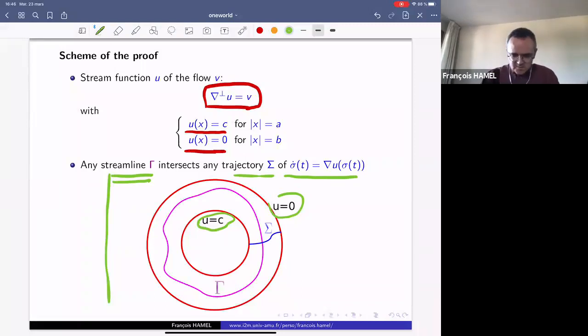And since the flow has no stagnation point, the stream function u has no critical point.